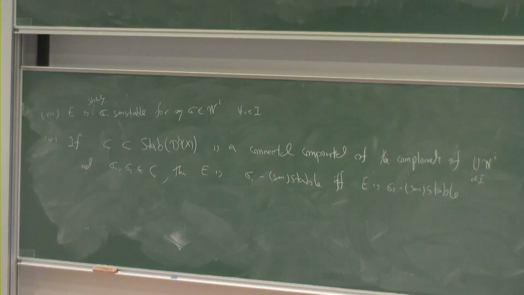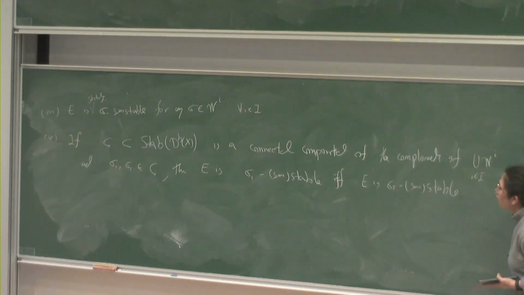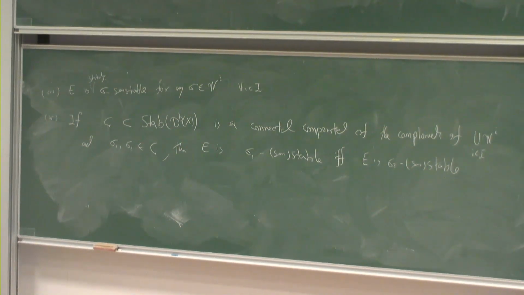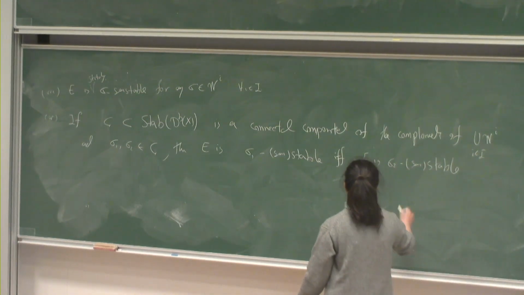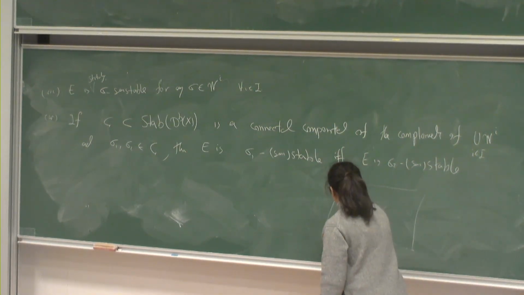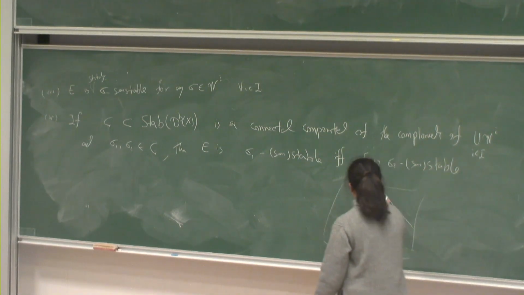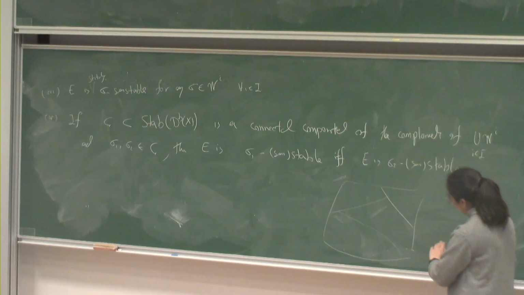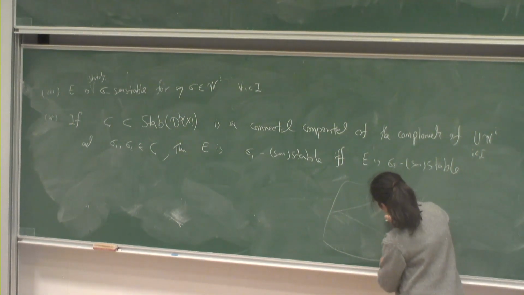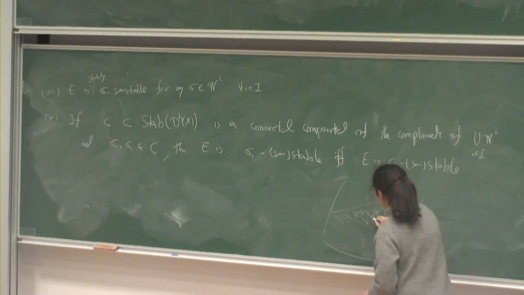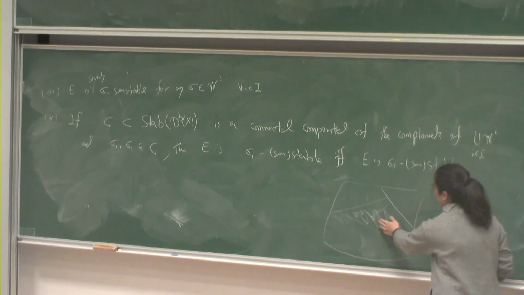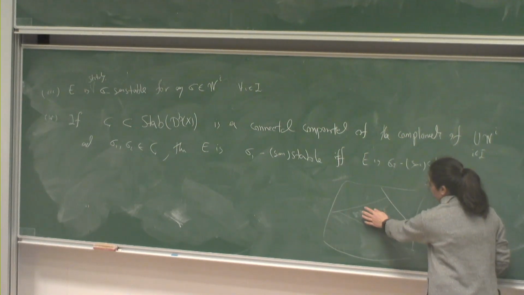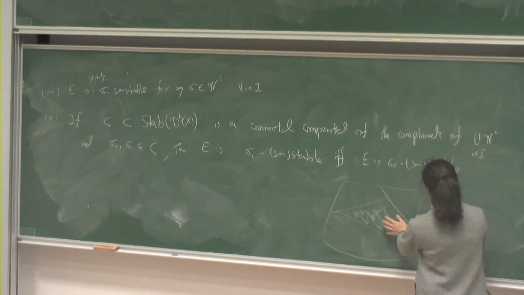So, for instance, if we look at a real two-dimensional slice of the space of stability conditions, it just looks like this. So the walls are just some lines like these ones. And the claim is that if I look at any chamber here, then the stability of my object does not change when I vary the stability condition here.